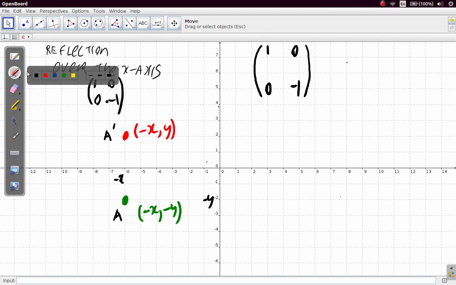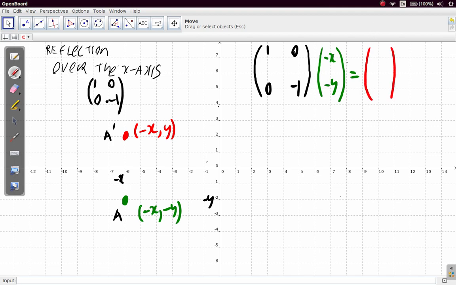But let's use the same translation matrix to see if it would really happen. All right. So what we have is 1, 0, 0, negative 1 multiplied by negative X, negative Y. And the answer that we're looking at would be negative X, positive Y. Would it really work out?